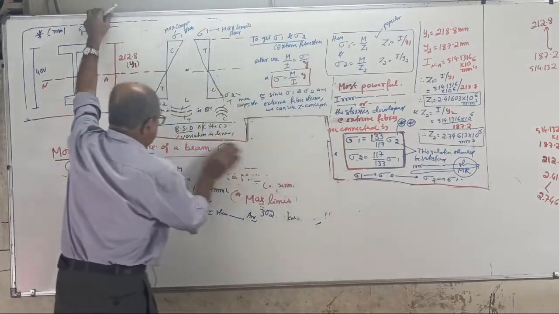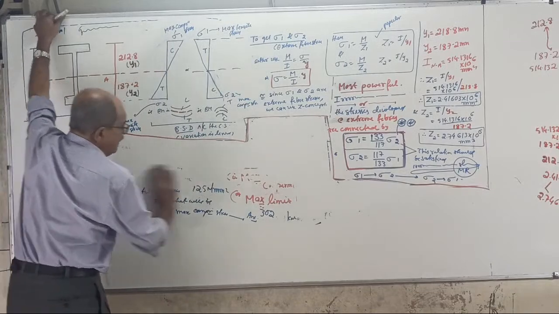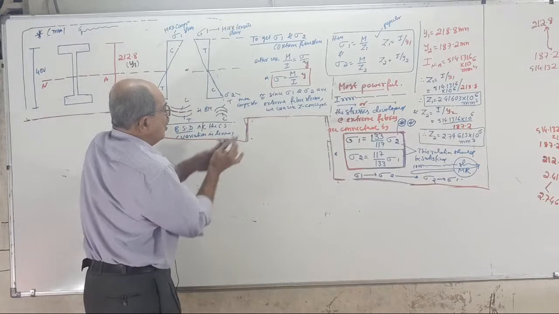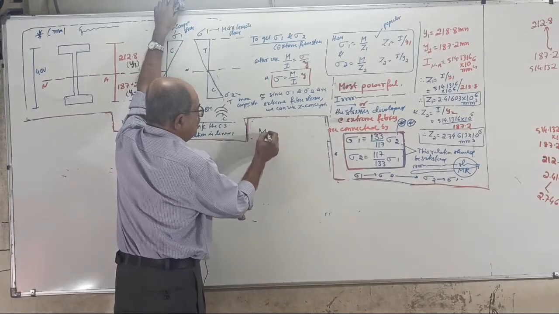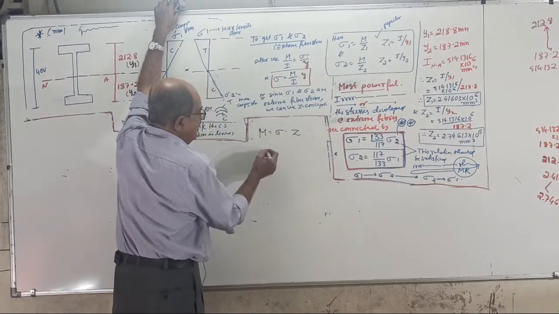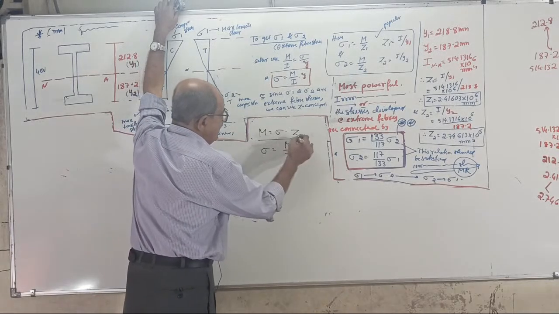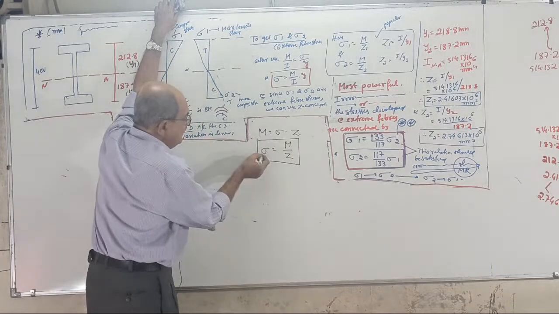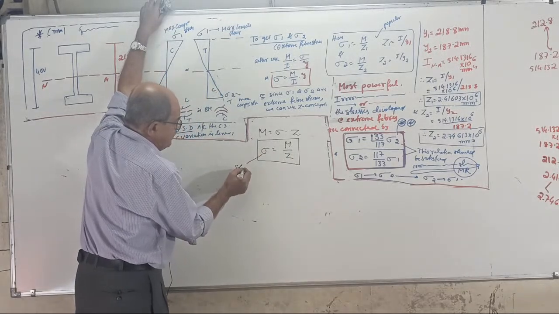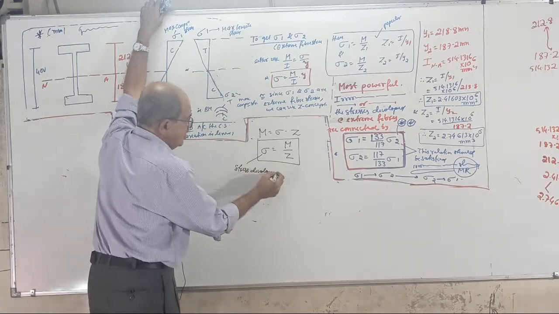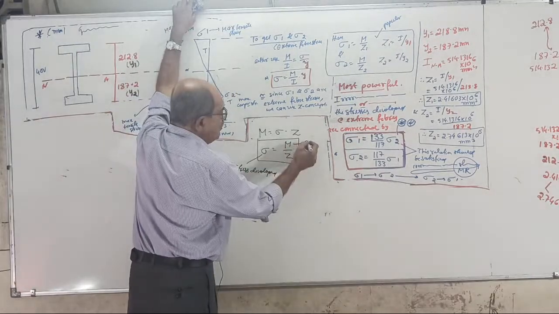Now I will put one statement here, in simple language. Don't bother about this question. Randomly you know M equal to sigma into Z, or sigma equal to M by Z. If you write it this way, this is the stress developed. M is the bending moment applied.